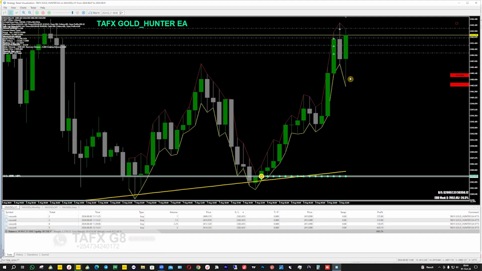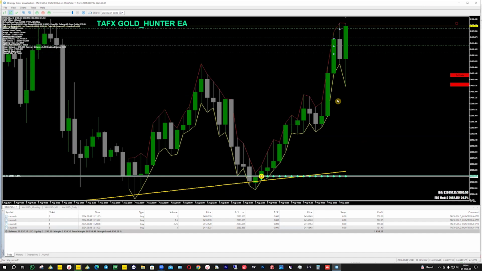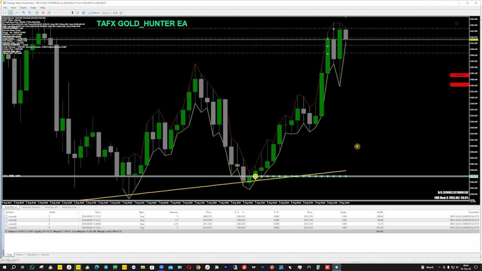So you can add positions when the market is going against you or when the market is going on your side. But to be very, very safe, it is good to add positions when the market is going against you, not when the market is going your way. This one is good to be used by people with big accounts. It's good to use both, when the market is going against you and when the market is going on your side.